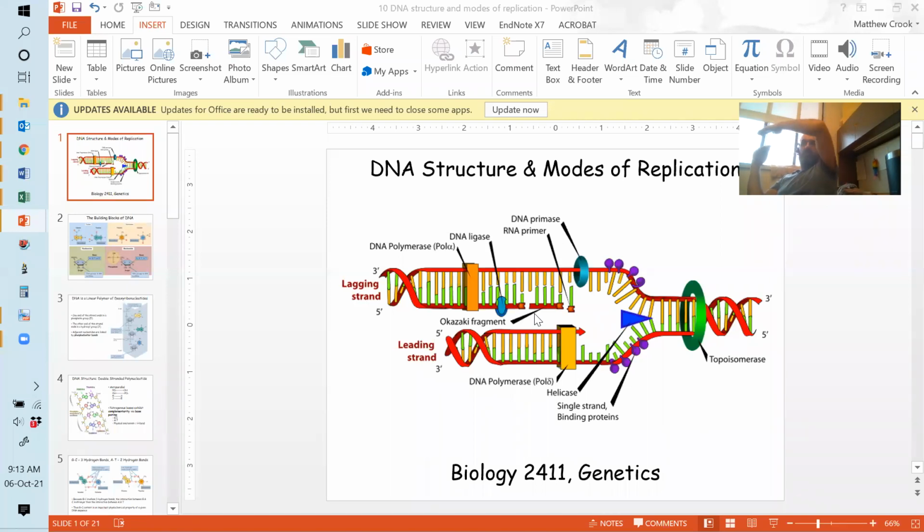And the longer you wait to stop it, the larger those fragments become, until they are essentially the same size as the leading strand. And what that shows is that the leading strand is made in one large chunk, and the lagging strand is made in lots of smaller chunks, which quite quickly are stuck together to make essentially the same thing.